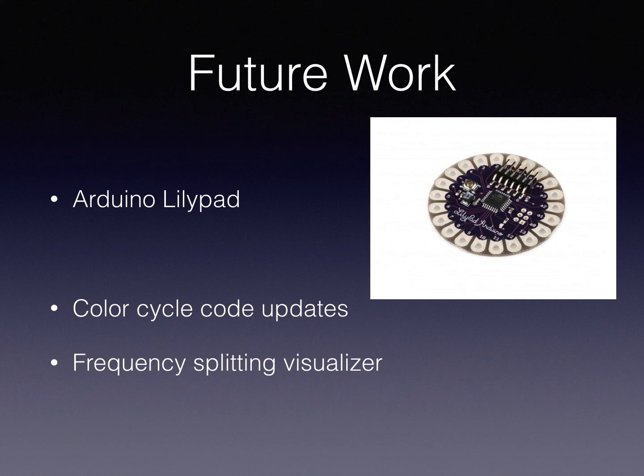The next thing I wanted to do would be maybe update the color cycling code a little bit, maybe add some more modes of color changing or dancing LEDs, just to be a little more flashy. And then finally, one of the bigger projects that I want to do would be to create a frequency splitting visualizer.